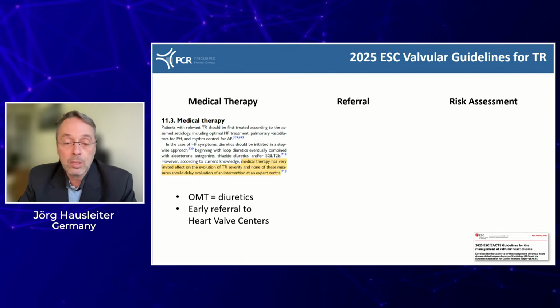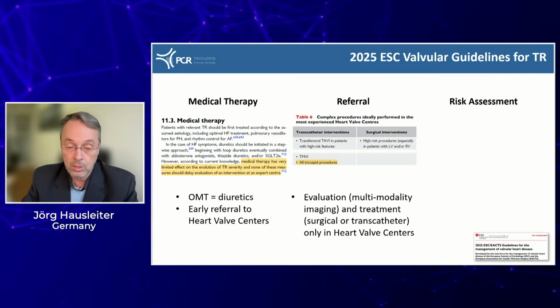And importantly, none of those measures should delay the evaluation of an intervention in a heart valve center. So again, early referral to a heart valve center is something which is included in the current guidelines.